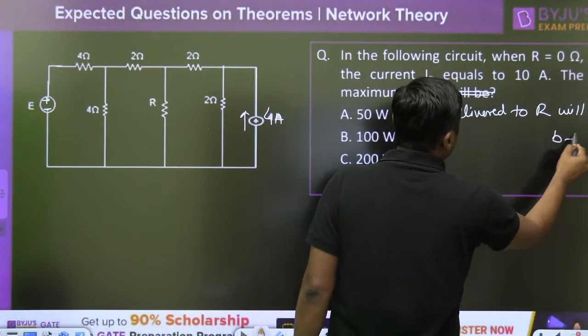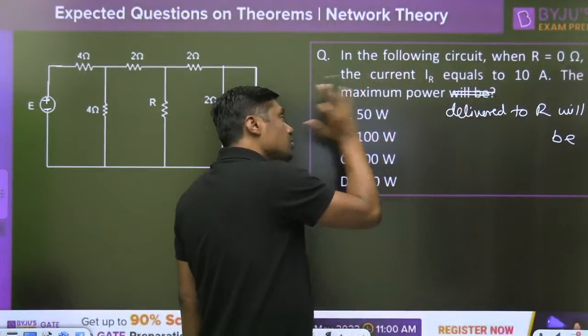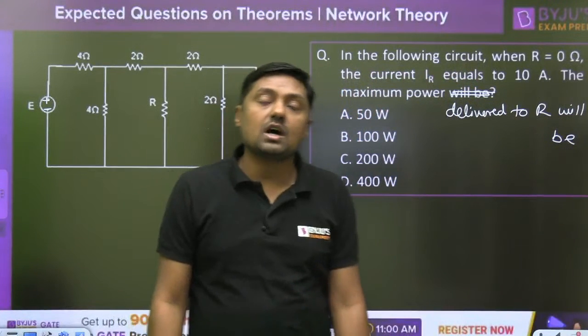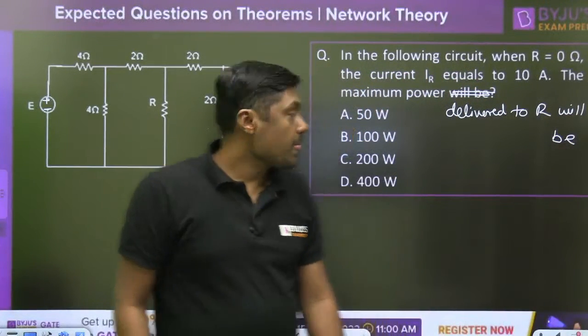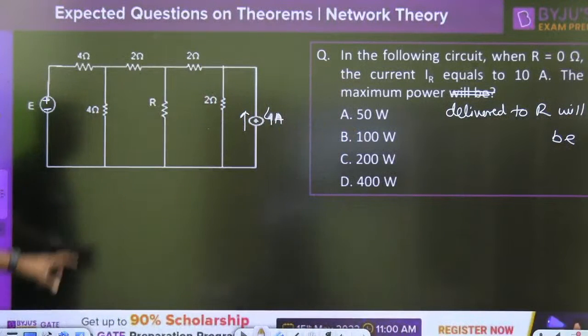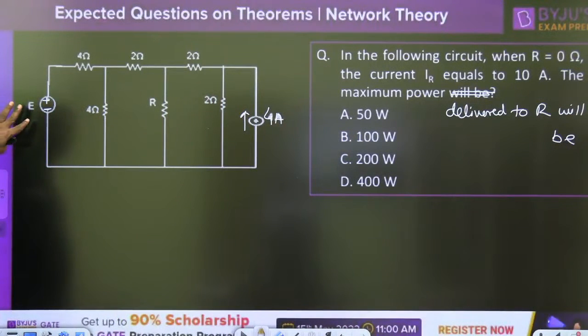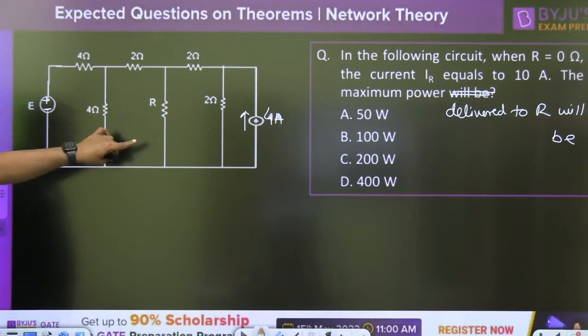I am just giving the question. It is a simple question. You have to understand what is asked in this particular question. Because it is unknown and it is short circuit, how to solve this question?